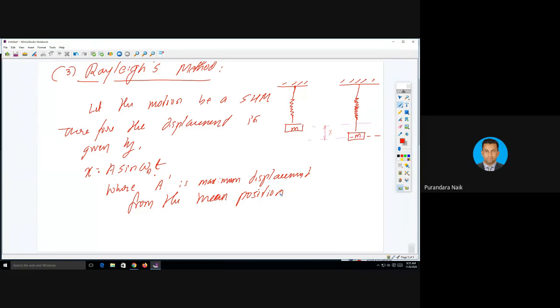So this is equation number 1. Differentiate equation number 1 with respect to time.